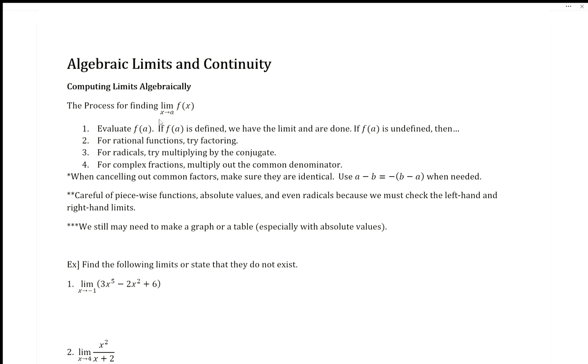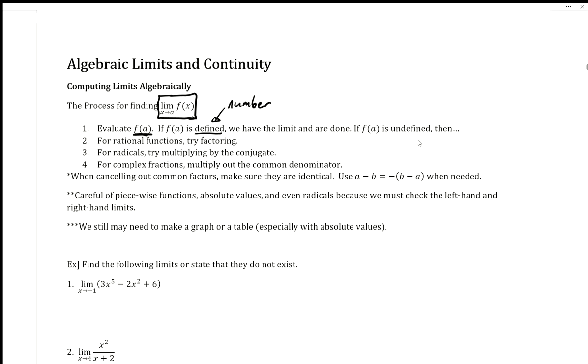So the first thing we do when trying to find any limit, so here we've got our limit notation, the limit as x goes to a of f of x. First thing we try is to just do f of a, so just like evaluate a normal function. If that's defined, which means it's some number, then we would be done. The answer would be that number.